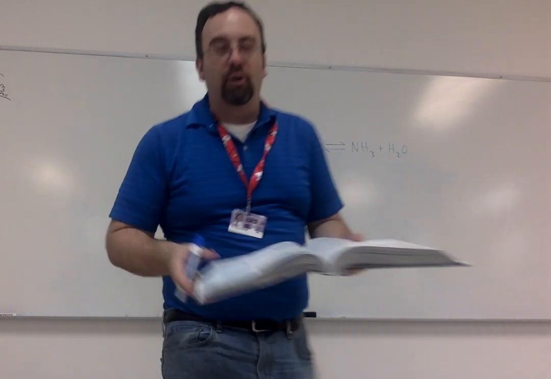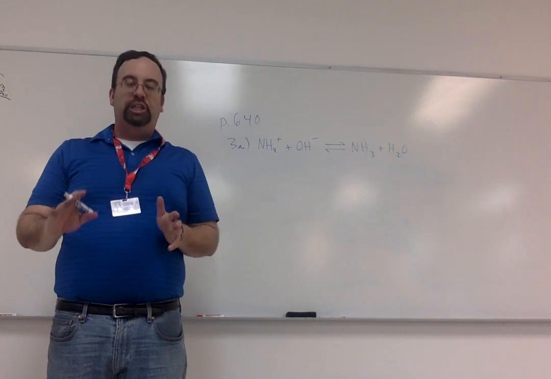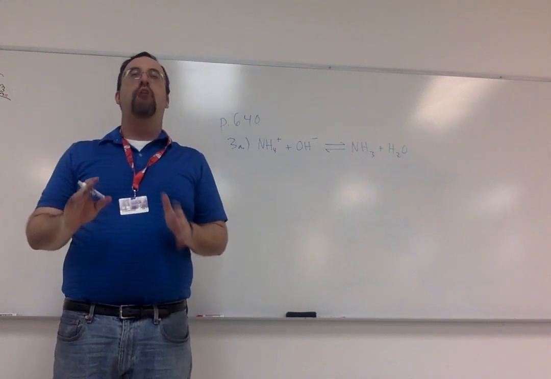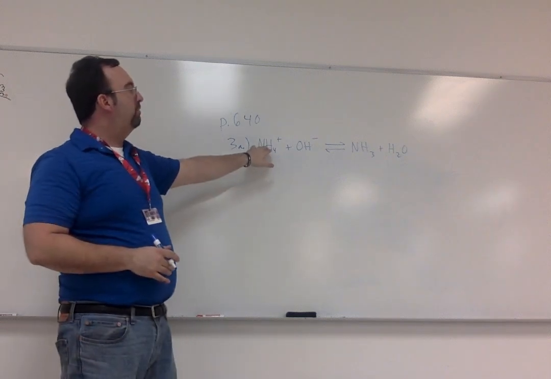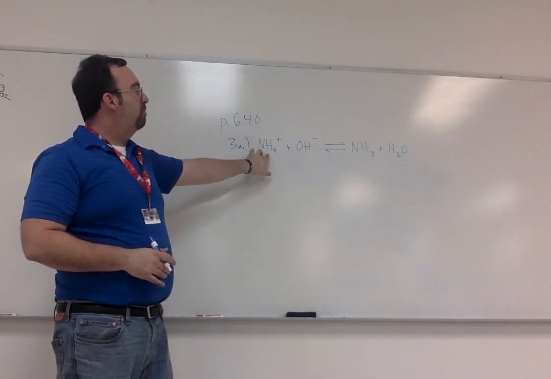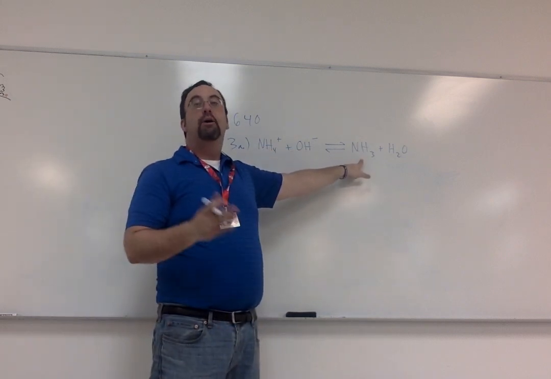And so what we need to do first is to identify the acid and the base, and then we can determine what the conjugate acid and conjugate base are. Remember that in these problems, the acid and the base will be on the left, the reactant side, and the conjugate acid and conjugate base, therefore, will be on the product side. So NH4+ over here becomes NH3.